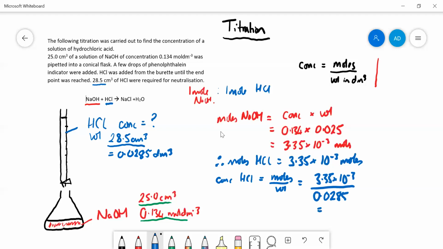And that is equal to 0.11754. On my calculator it's saying that.